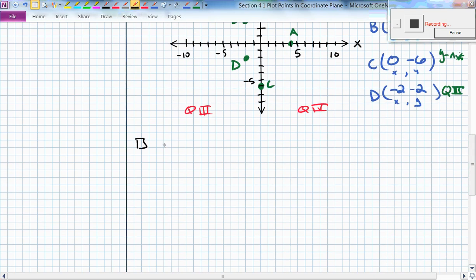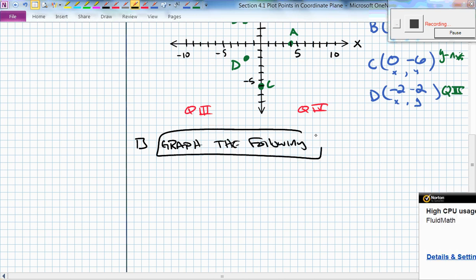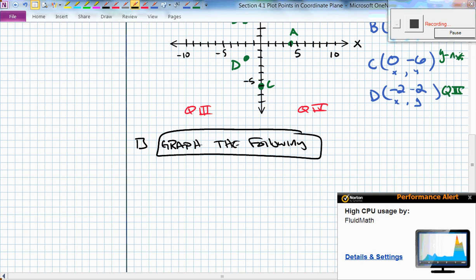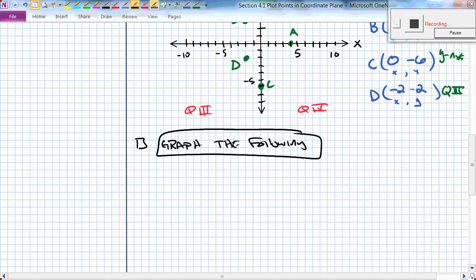We are now ready to move on into our next idea, which is going to be called graphing. Okay. We're going to graph the following function here.